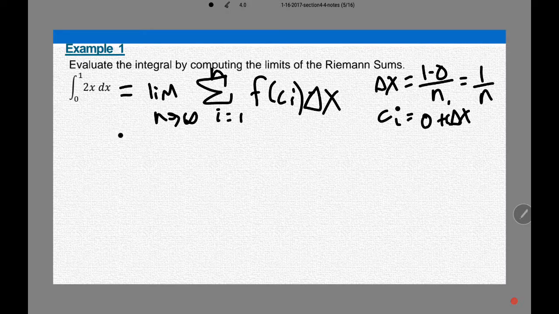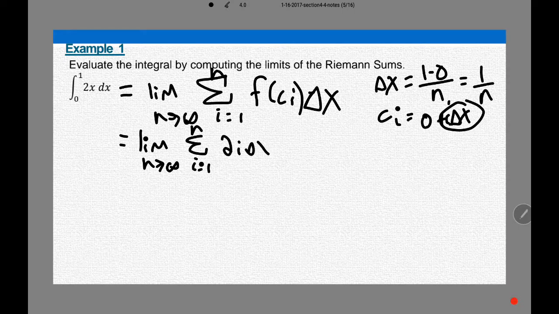So we're going to do some substitution here, and we're going to have the limit as n approaches infinity, sum from 1 to n, and then our function here is 2x. So we're going to put in our c of i, which is just i delta x. So we're going to do 2 i delta x, and then that's times delta x again.